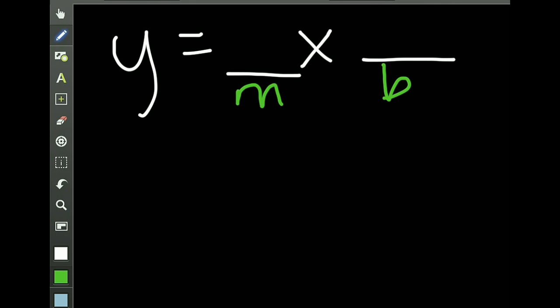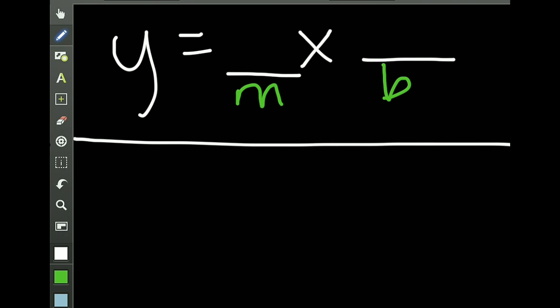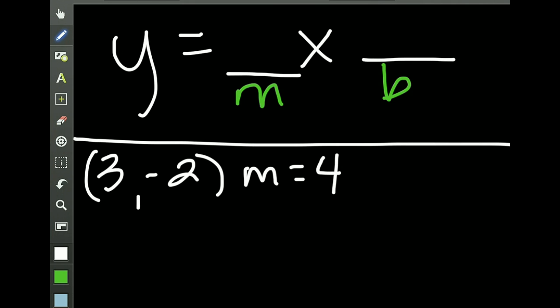Okay, Killian, let's try one. Give me 3 numbers. Positive, negative, doesn't matter. Don't make them huge. 3, -2, and 4. Okay? So we're going to write the equation of a line that goes through the point (3, -2) and has a slope of 4. How many of those letters do I have a value for?